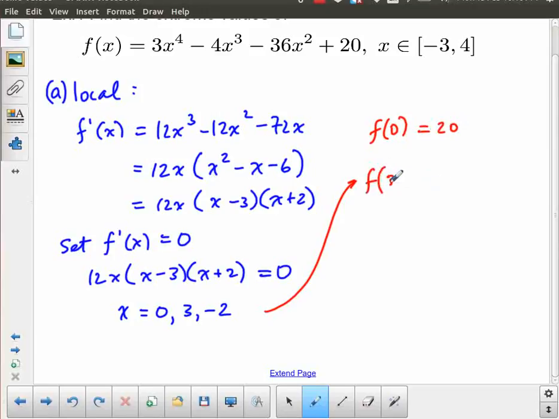F of 3, when I do that substitution, there's a bit of work involved. It's non-trivial arithmetic, but I've worked it out in advance, and f of 3 is negative 169. And finally, f of negative 2 is equal to negative 44. And these are y values. These are y coordinates.